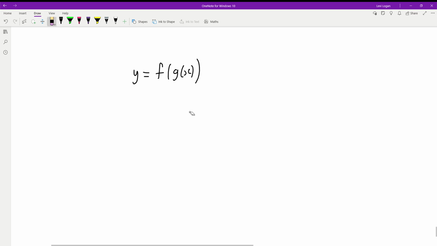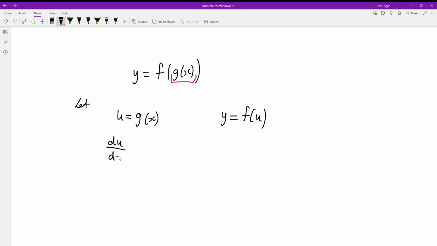Well, what we can do is make a substitution. Let's call g of x u. So let u equal g of x. So that means y is going to be f of u, a function of u. Now, if I differentiate this with respect to x, I'm going to get du dx, and here will be g dash of x.